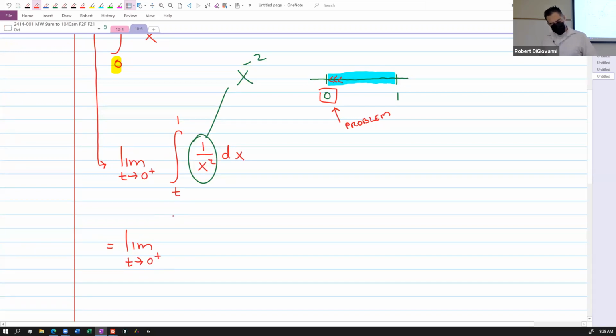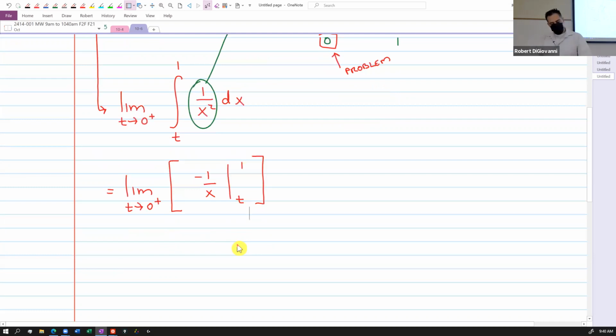This becomes -1 over x evaluated from t to 1. So the antiderivative of this is this. I still need to evaluate at the two endpoints, t and 1. So now I evaluate. Still have not run the limit yet.